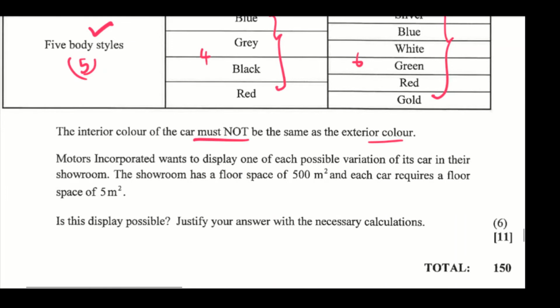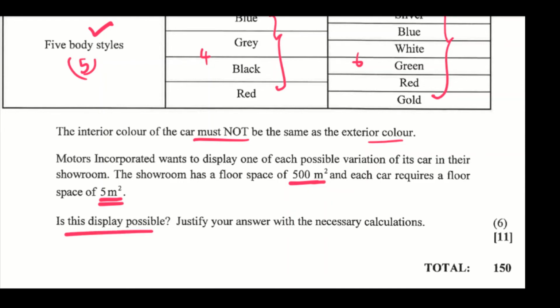Motors Incorporated wants to display one of each possible variation of its cars in their showroom. The showroom has a floor space of 500 square meters, and each car requires a floor space of 5 square meters. Is this possible?